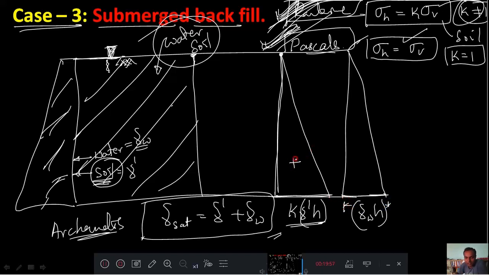One triangle considering the submerged unit weight gives the horizontal stress, and another triangle is only with the water pressure acting on the wall, that is gamma W into H, no multiplication of K. Then the total active earth pressure acting will be this P1 and this P2. We will see in the problems how exactly we solve this.